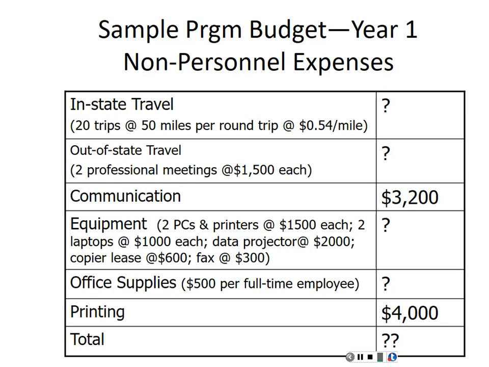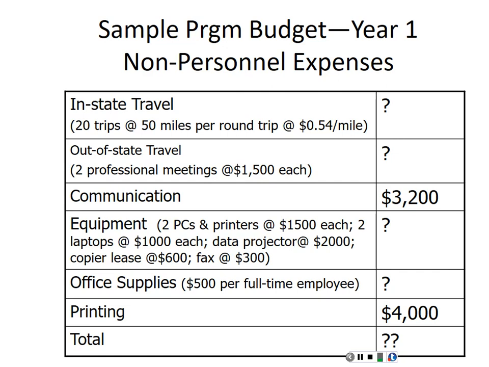Then we get on MapQuest or whatever app we're using. We determine the miles between Johnson City and Nashville round trip. Okay, we know he's gonna be making 4 trips. We know the miles, they're available, and the rate. Then we think about the educators, what kind of travel they're gonna be doing, and we estimate it the same way.